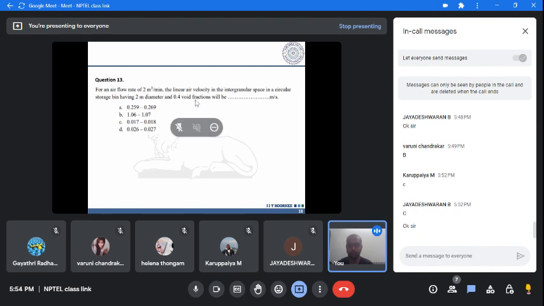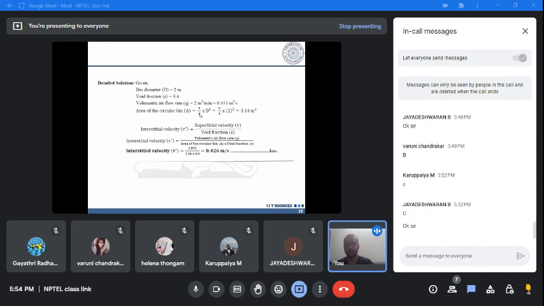Okay, so without wasting time, the detailed solution: here we have given the bin diameter is 2 meter, void fraction, that is epsilon, is 0.4. The volumetric airflow is 2 meter cube per minute. If you convert into seconds, meter cube per second, that will be 0.033 meter cube per second.